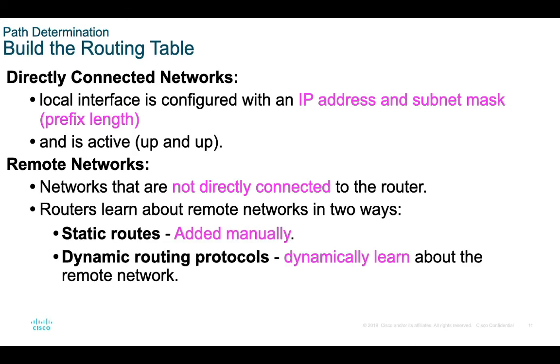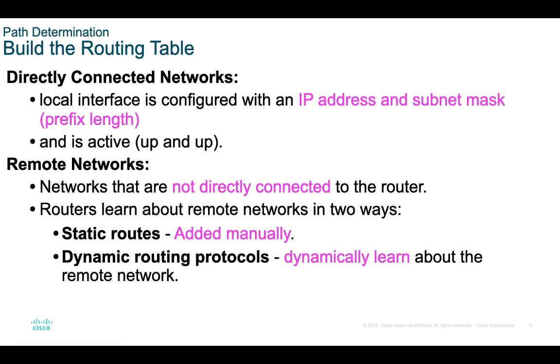The network will be coded as a C and the IP address of the interface will be coded as an L. Okay, for a remote network, for any network that we would like our router to add into the routing table, we need to specify that network into our router either statically or dynamically.